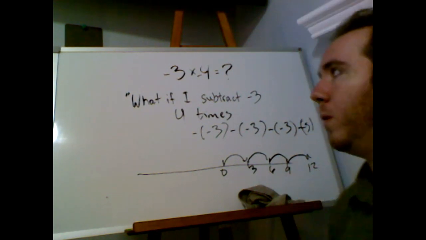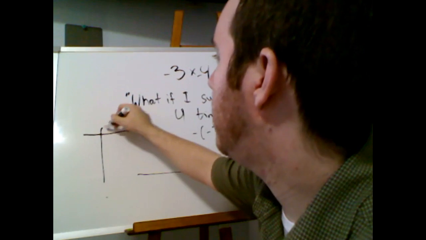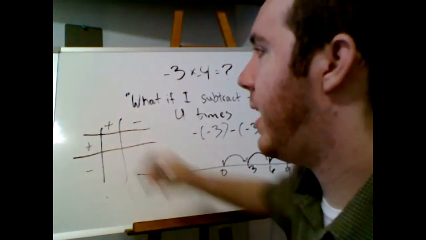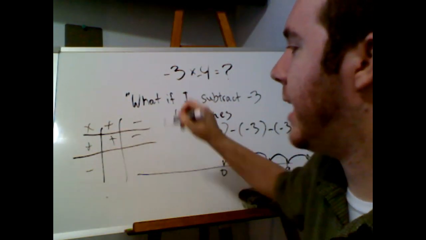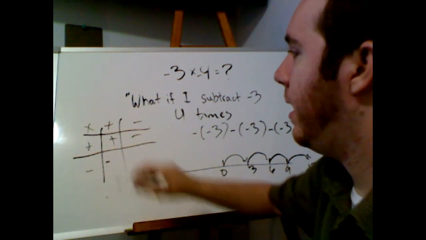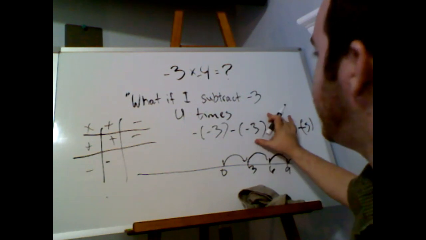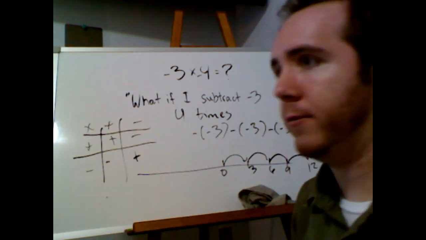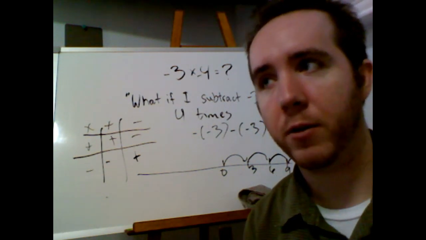And so what happens here is we end up getting this following table for our operations. A positive times a positive is a positive. Positive times a negative is a negative. A negative times a positive is a negative, because these are the same operation. And because we showed that this is the same thing as adding 3 4 times, we can say this is a positive. And so this is the pattern, the rule.